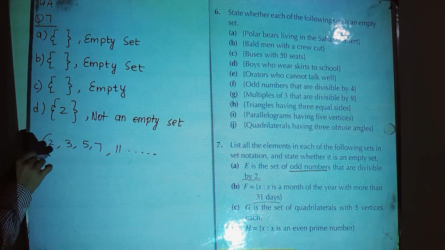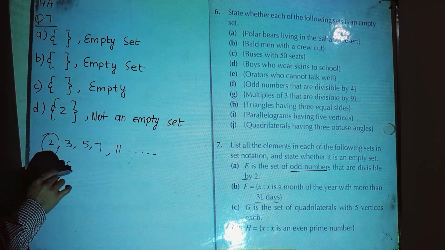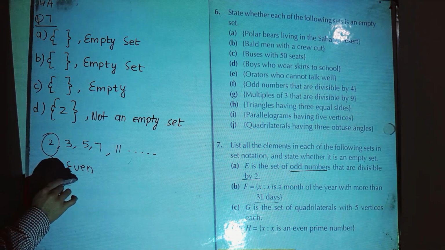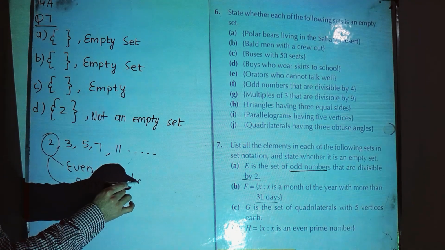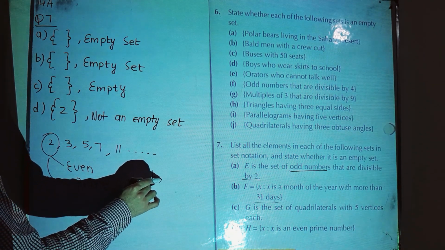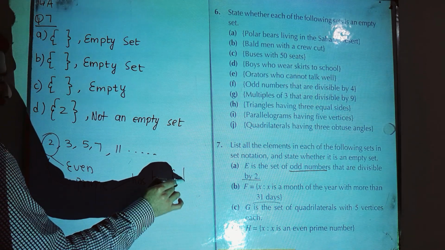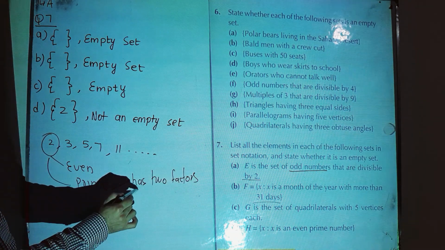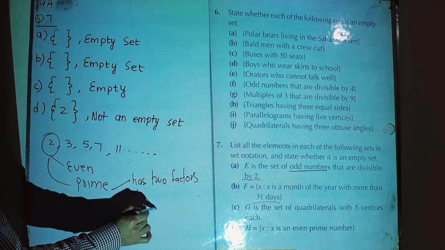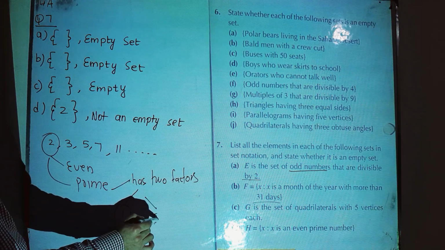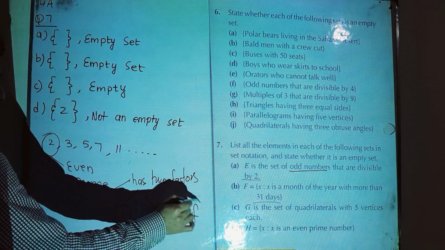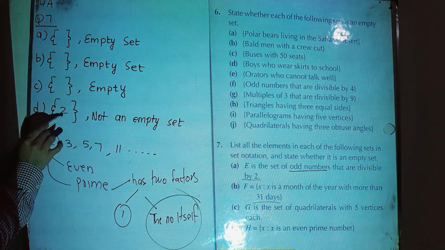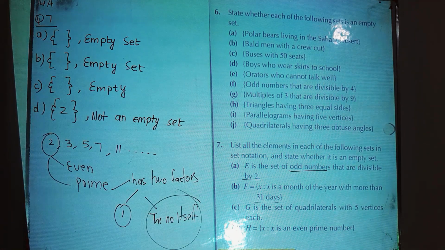We have got 2 which is even as well as prime, and a prime number has, as you know, 2 factors. One of them is 1 and the other is the number itself. So we have got 2 in the set, and this set is not an empty set.